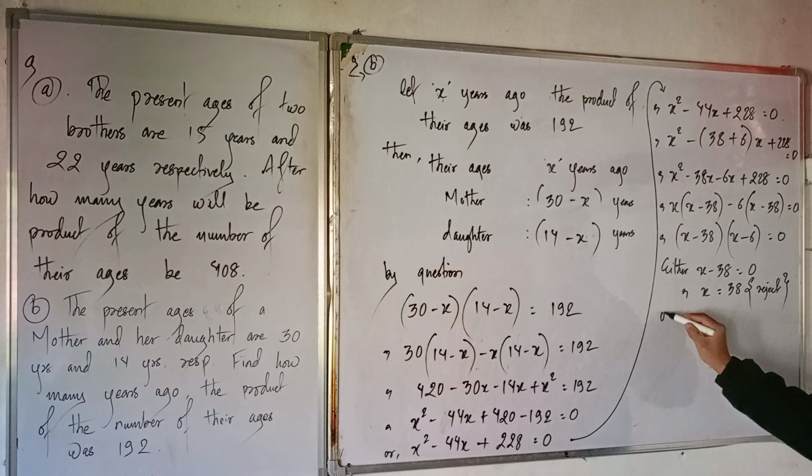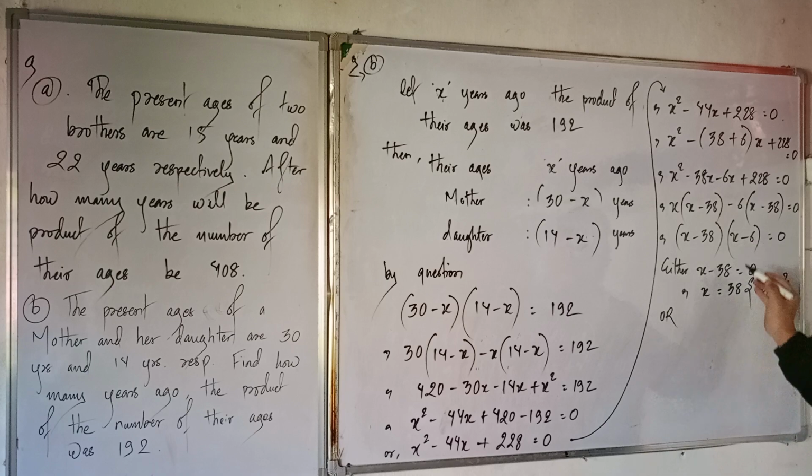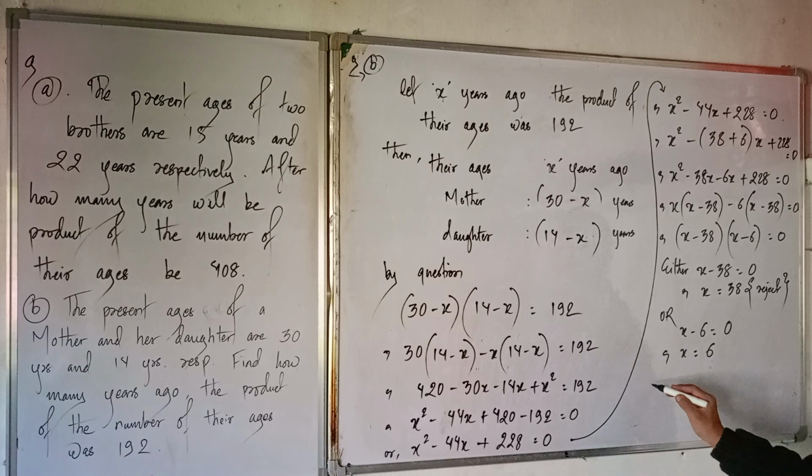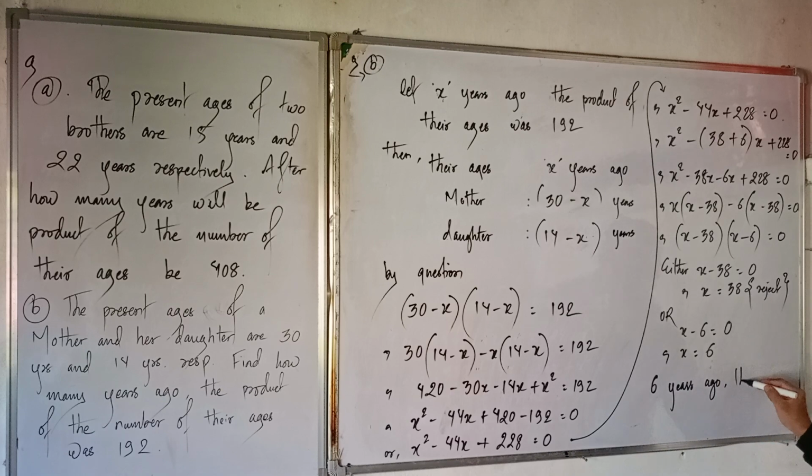So x minus 38 equals 0 gives x equals 38, which we reject, and x minus 6 equals 0 gives x equals 6. This is the answer. Not after 6 years, but 6 years ago, the product of their ages was 192.